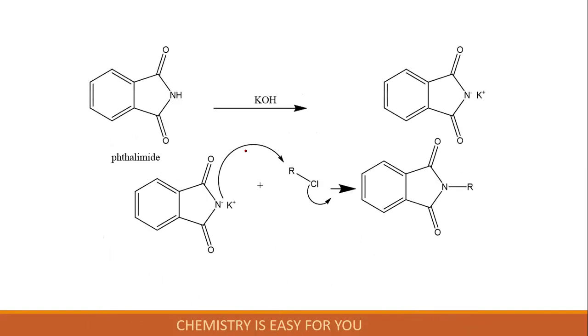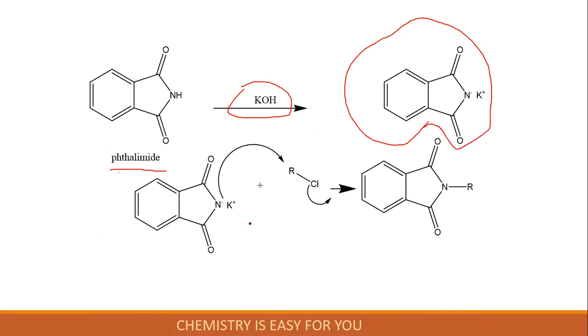So let's look at the mechanism. Here we have a phthalimide, and phthalimide on reaction with KOH will give the potassium phthalimide. And the potassium phthalimide, the N minus will be taking the alkyl group from an alkyl chloride, and the chlorine leaves. In that way we will get an alkyl phthalimide.